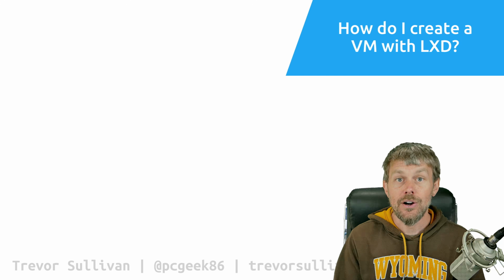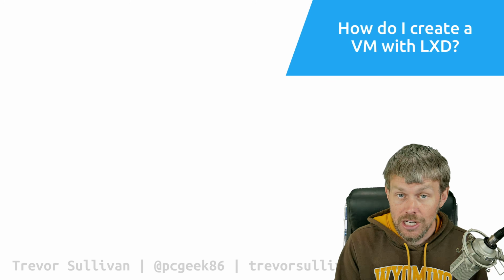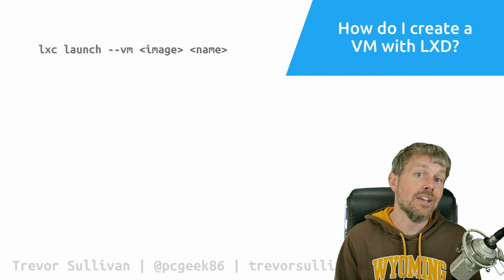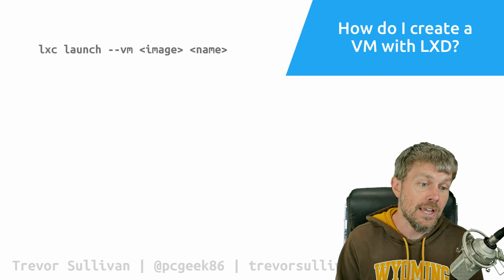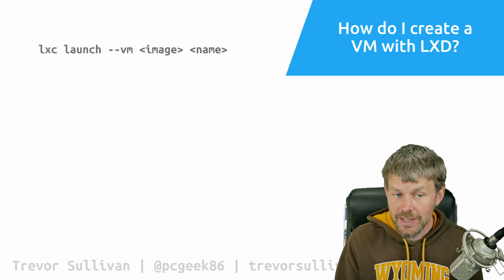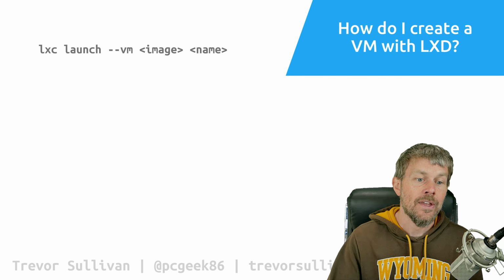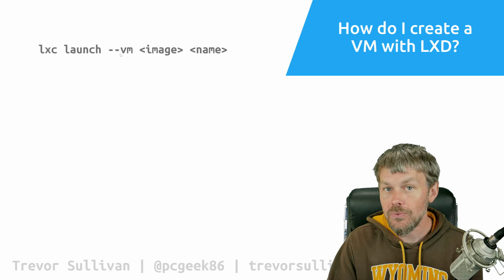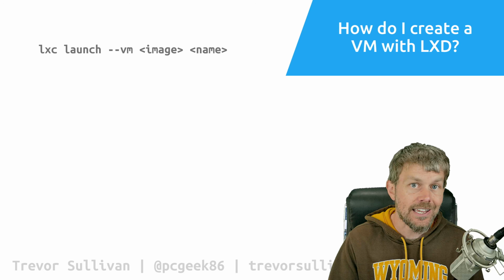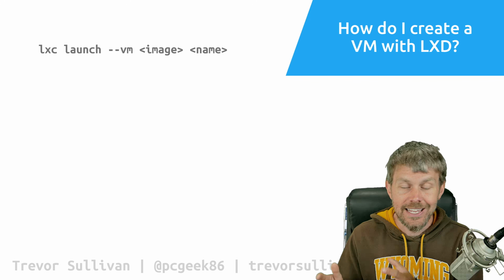images.linuxcontainers.org. All right, so now that we've initialized the LXD engine, we're ready to create a virtual machine with LXC on the LXD engine. So the basic command structure that you're going to want to be familiar with is lxc launch. So you have the launch subcommand under lxc. And again, lxc is communicating with the LXD engine. And then we want to specify --vm because by default, when we use the launch command, it's going to create a containerized environment rather than a virtual machine environment with a dedicated kernel.